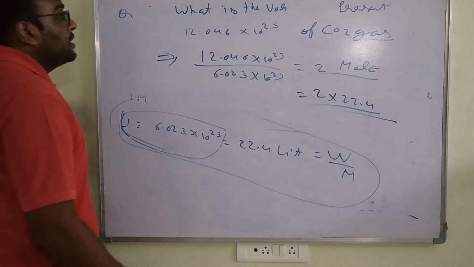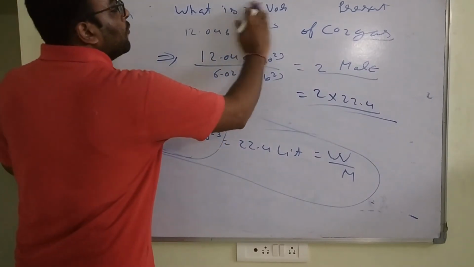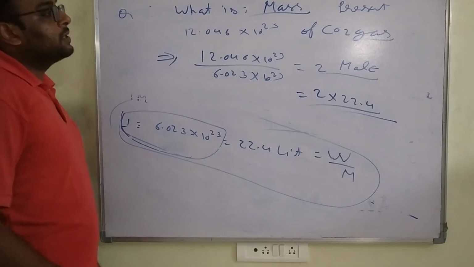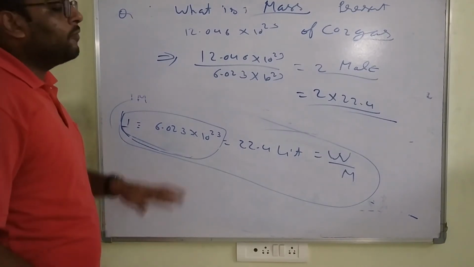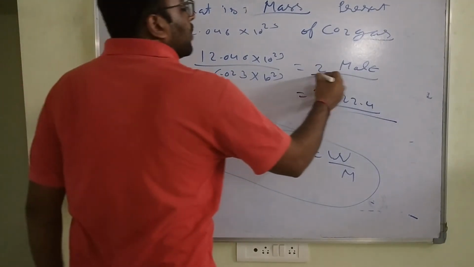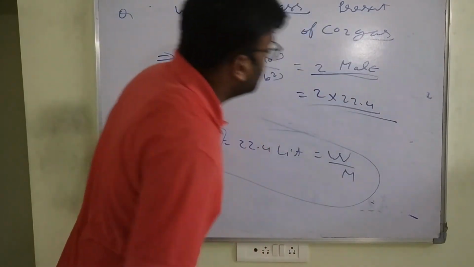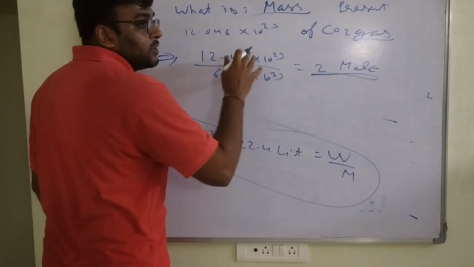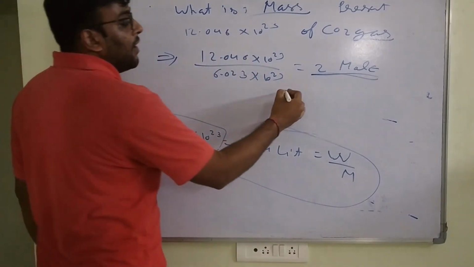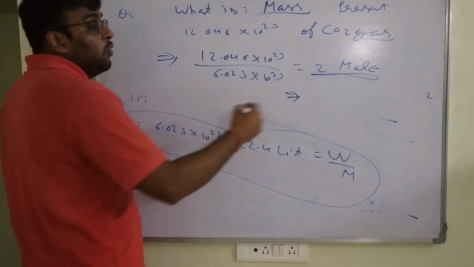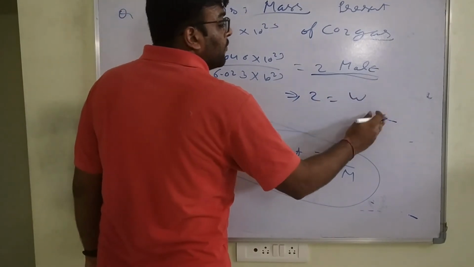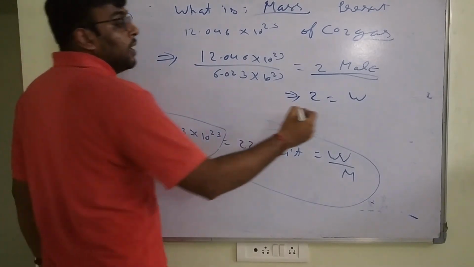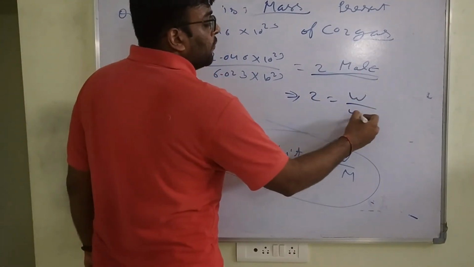Suppose the question asks, what is the mass present in this? How can we solve? First of all, calculate the number of moles, and after that, as we know, number of moles equals weight in gram upon molecular mass, which is 44.